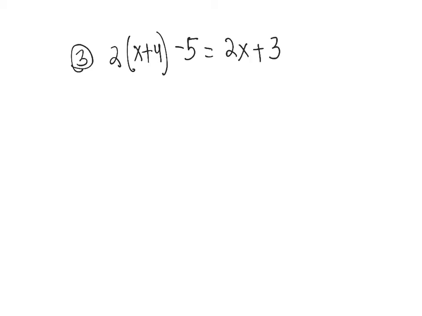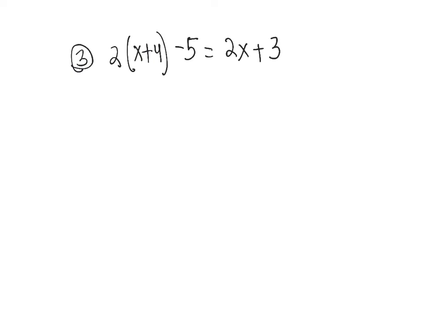Okay, so for number 3, we're going to have 2 times the quantity x plus 4 minus 5 equals 2x plus 3. So it looks like a regular multi-step equation, variables on both sides. So we're going to start with that.